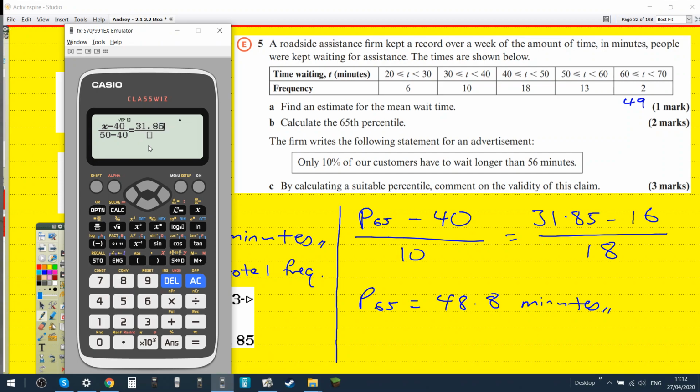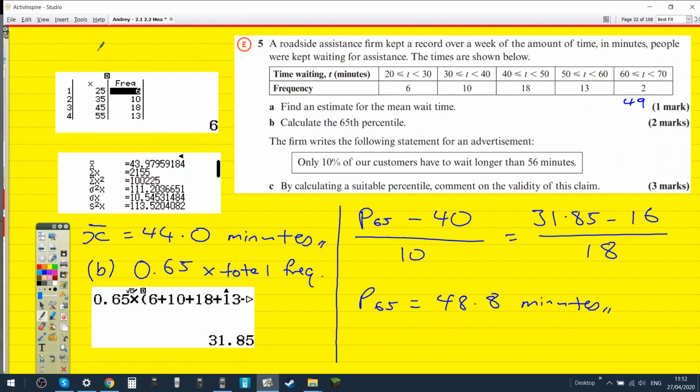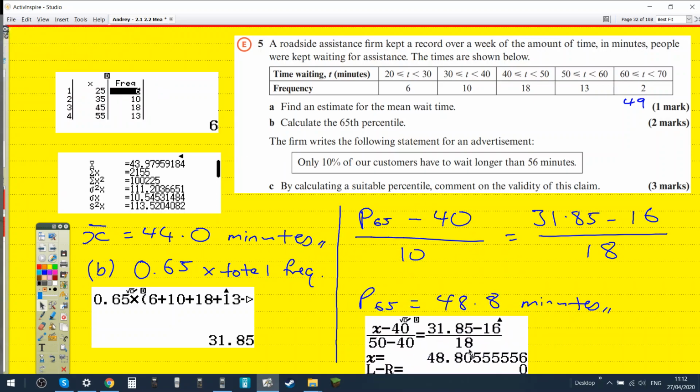Okay, what's next? And so you can use what we did before. So we did x minus the lower bound over class width.